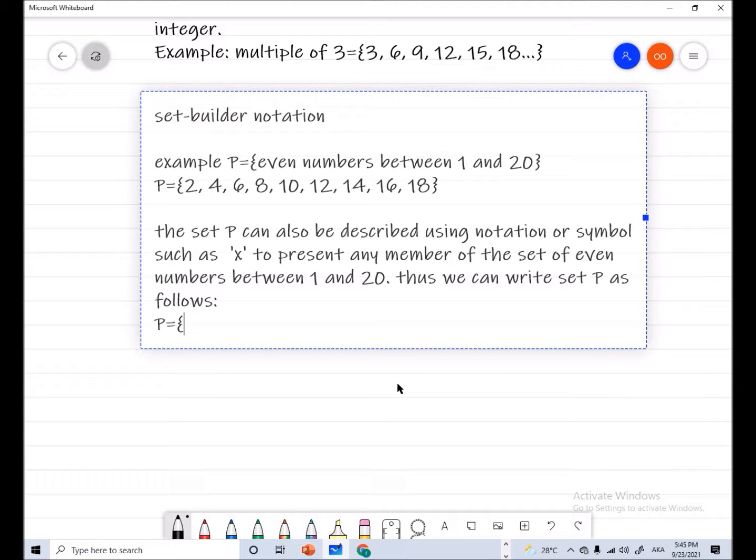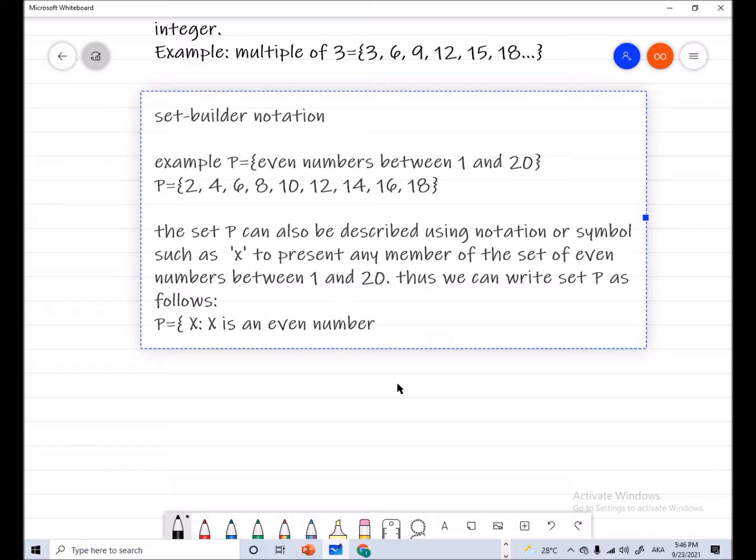So P is what? We are representing the members as X. So it says that X, which is a member of P, is an even number.